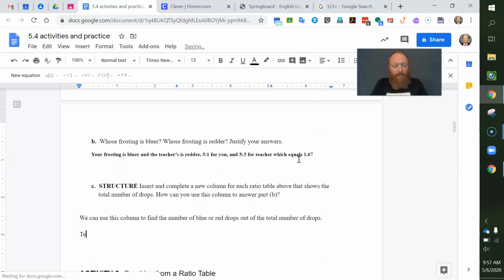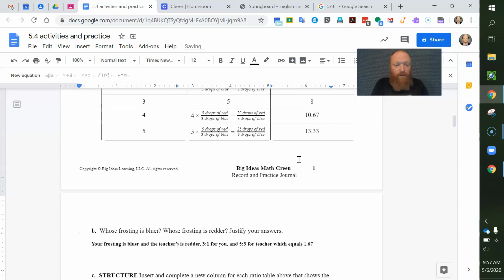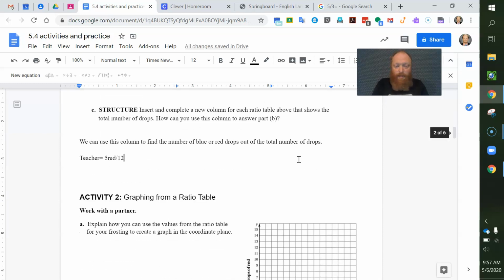So teacher is equal to a total of 5 red out of, did I say 12 total? 8 total. 8 total.